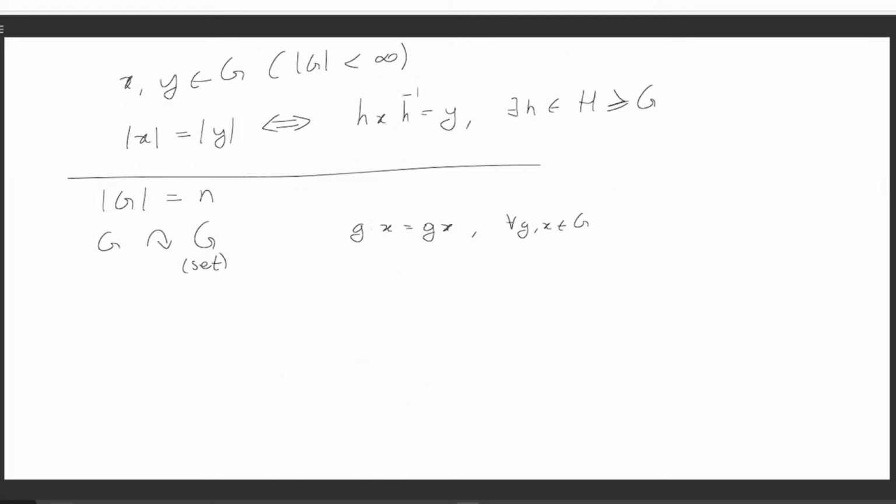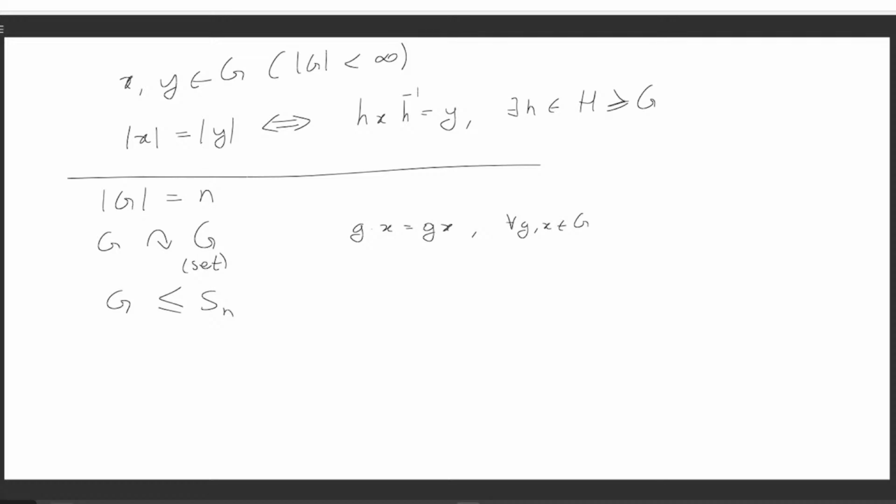Here, G mod kernel is trivial. So G itself is isomorphic to a subgroup of Sn. So in fact, I'll just write G is a subgroup of Sn. You can identify G as a subgroup of Sn.